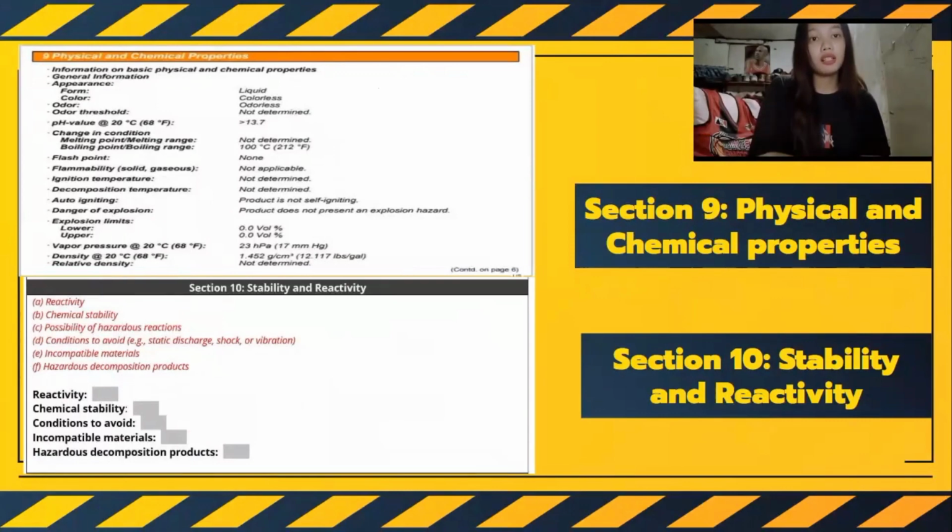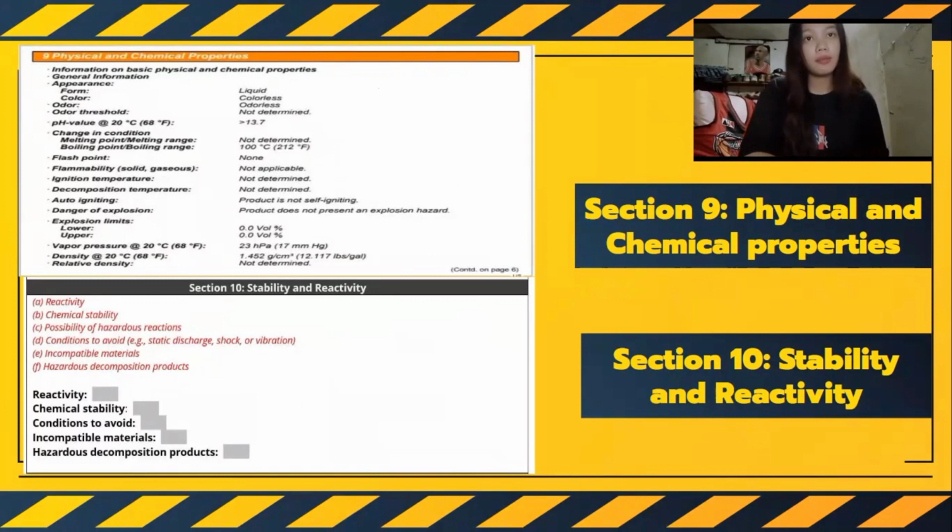Section 9. Physical and Chemical Properties. In this section, it identifies the physical and chemical properties associated with the substance or mixtures. It includes the appearance of the chemical, like its color and density. It also includes the odor, freezing or melting point, and the viscosity. Section 10.